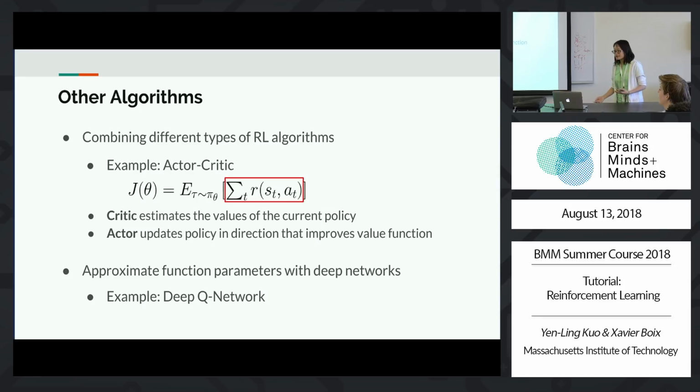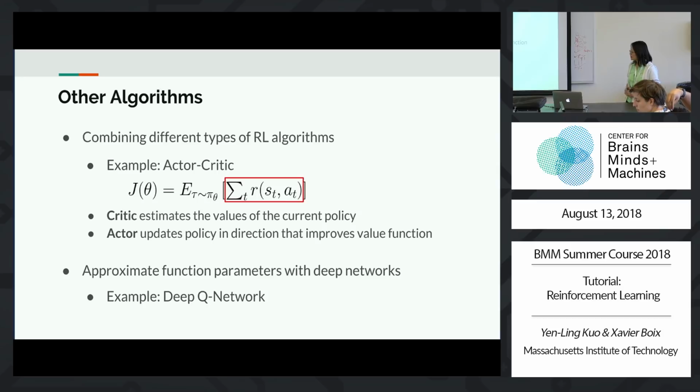And another thing is that when we are talking about different methods, we are basically optimizing against the value function, the policy function, the transition model, or the reward model. Now with deep learning, deep networks, we can approximate all these kinds of functions with a deep network.